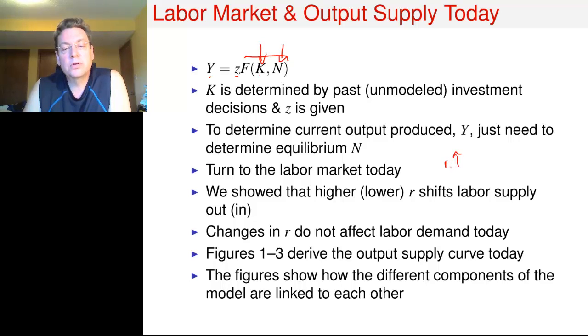So a higher real interest rate is going to increase the quantity of labor supplied. We also know that labor demand is just given by the marginal product of labor, and this doesn't get influenced by the real interest rate. So changes in the real interest rate will show up through changes in supply, but not generate any shifts in demand.